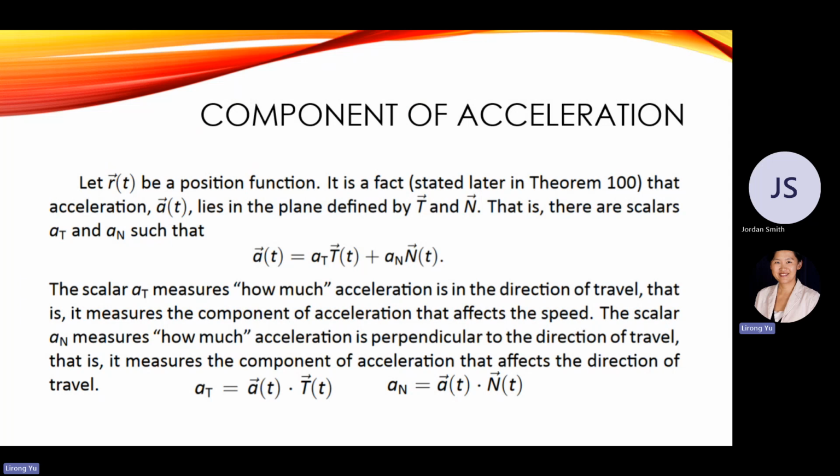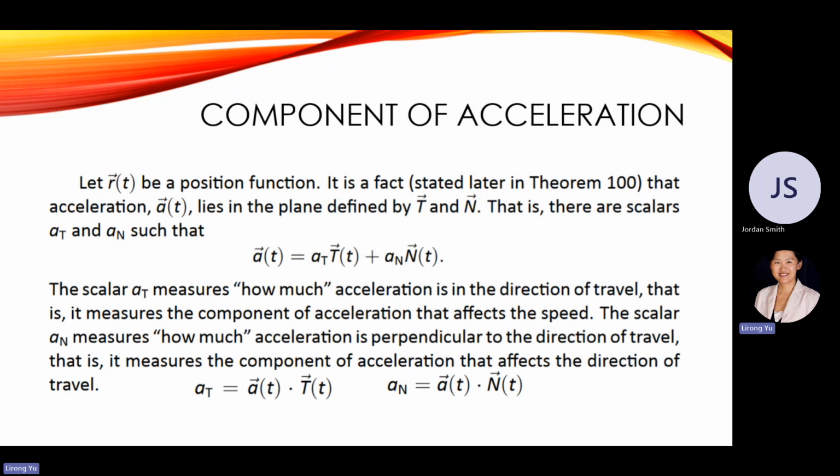Now this lowercase a_T and a_N are the magnitudes of the acceleration in that direction. So here we're further decomposing them: the magnitude is separated from the direction. The T vector and the N vector are all unit vectors, so they don't contain the strength of the acceleration, only the angle relation.